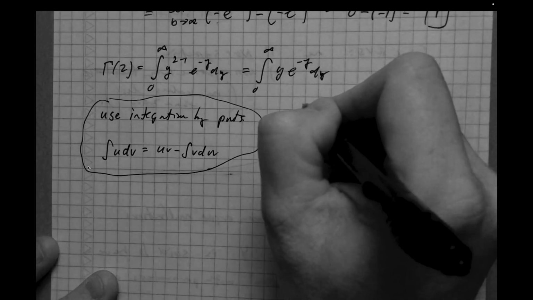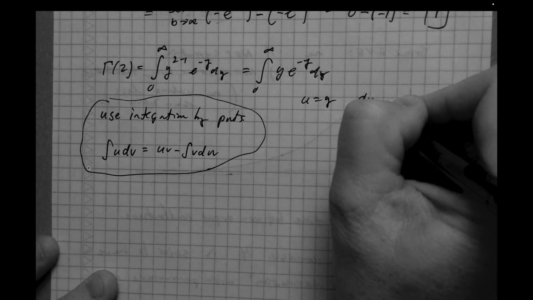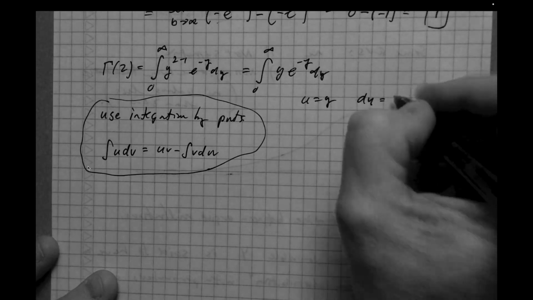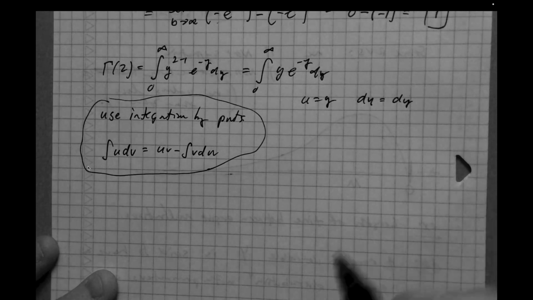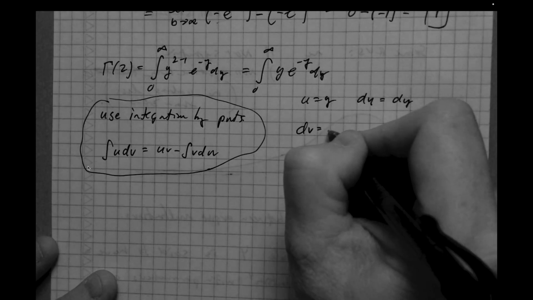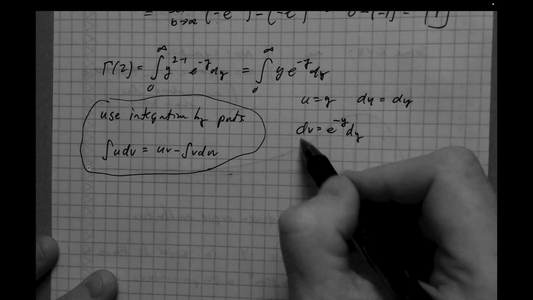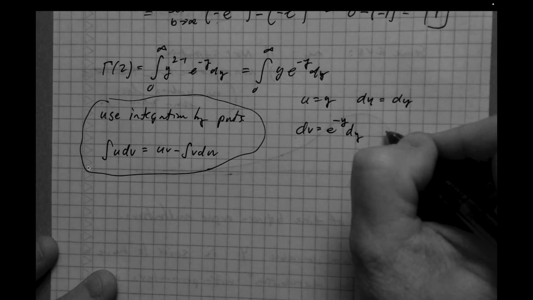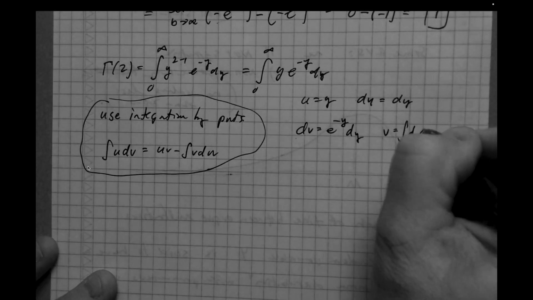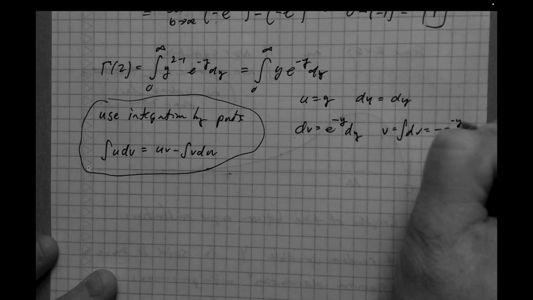And so let's set u equal to y, then du is equal to the derivative of y, which is dy. And dv, let's set that equal to e to the negative y dy. And so v would be equal to the integral of dv, which is negative e to the negative y.